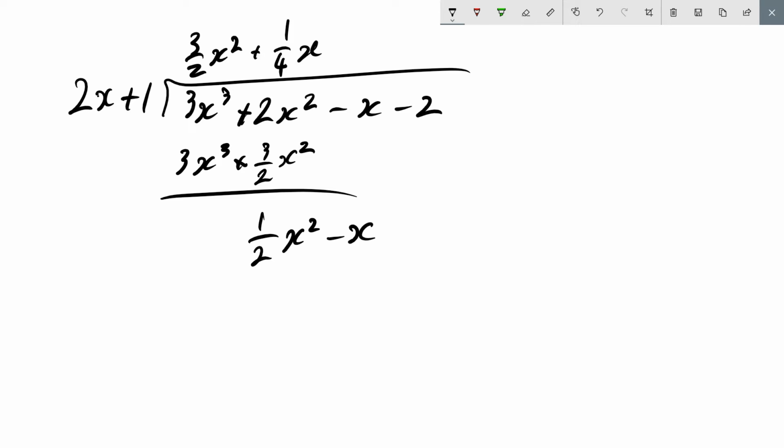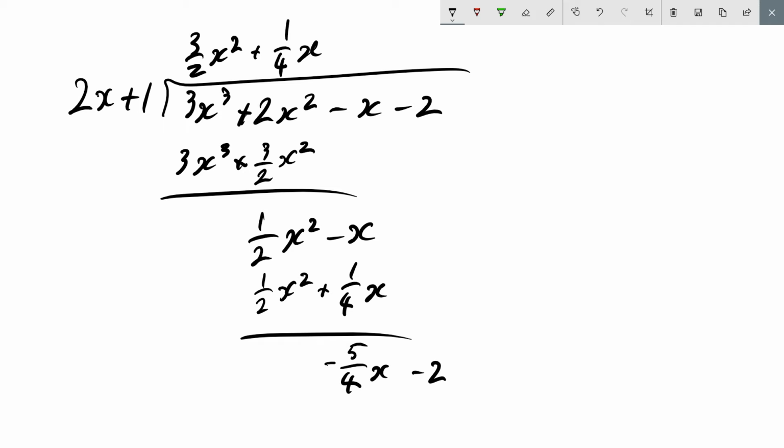So now that I'm times by a quarter, I will get a half x squared and plus a half x. Subtract the 2. Now I'm going to have negative 5x. Bring down the minus 2. Minus 5 over 8.